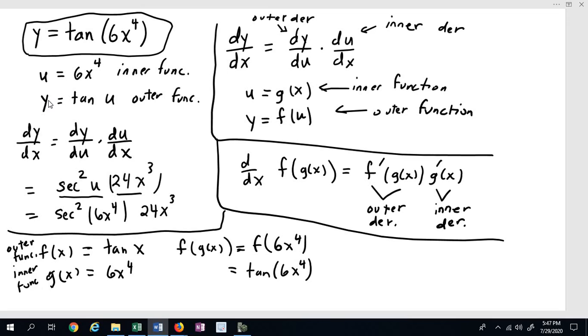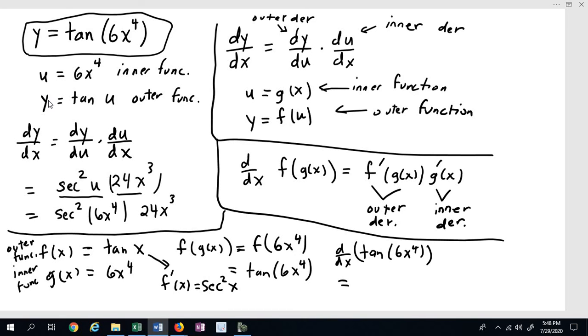Okay, so let's find it. So the derivative of tangent of 6x to the 4th is f prime of x. Okay, so here's f of x. All right, so I have to find f prime. Well, the derivative of tangent of x is secant squared x. And then what I have to do is evaluate this at g of x.